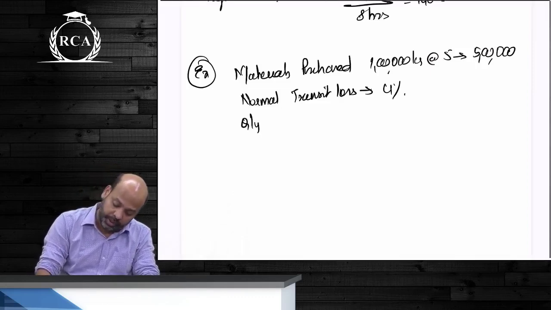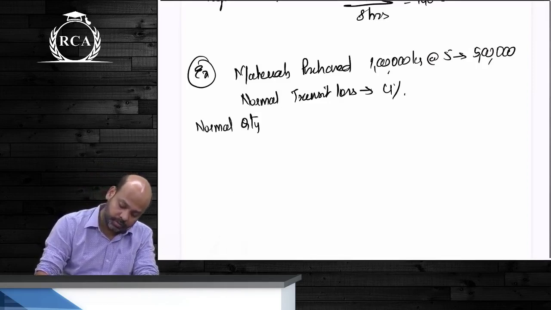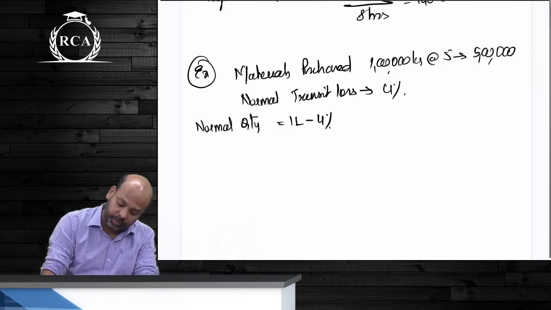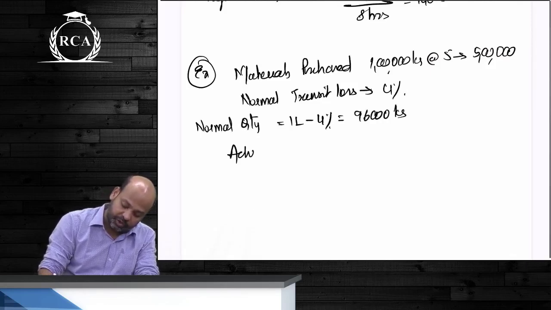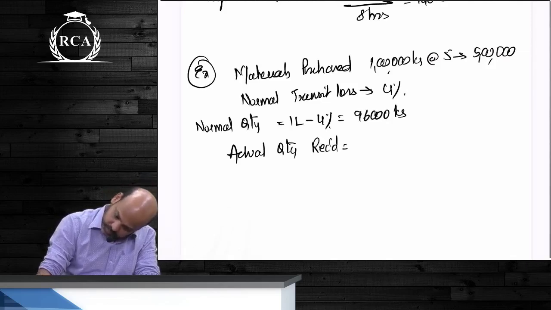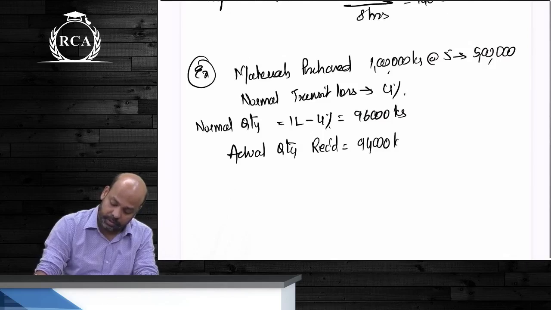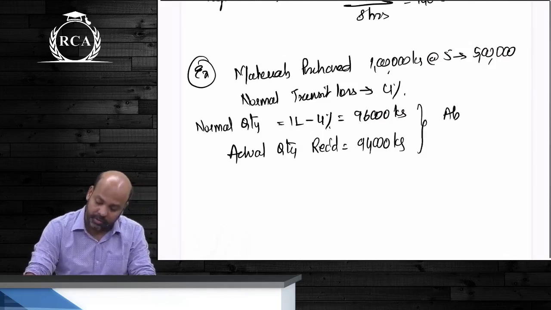So the normal quantity should have been how much? 1 lakh minus 4%, 96,000. Let's say, guys, that the actual quantity received is 94,000. What will happen? The difference of 2,000 will become abnormal loss.